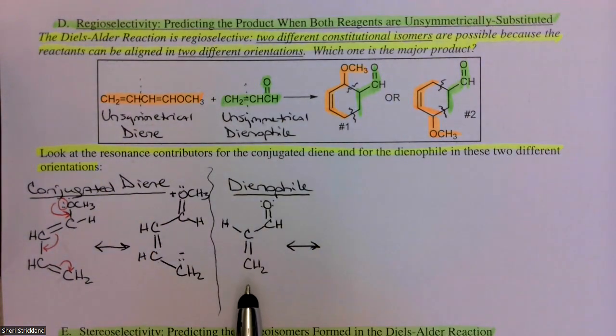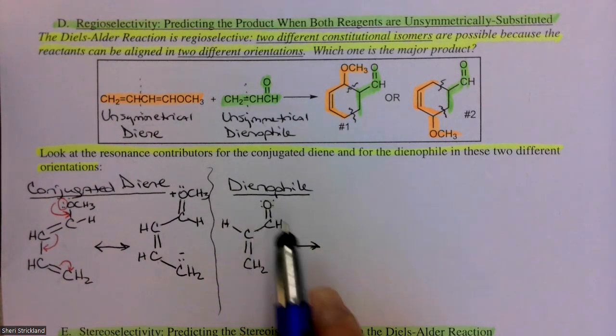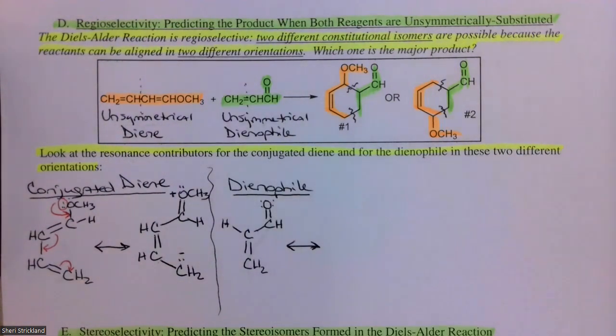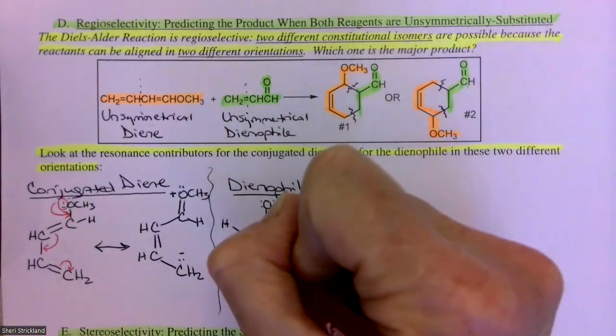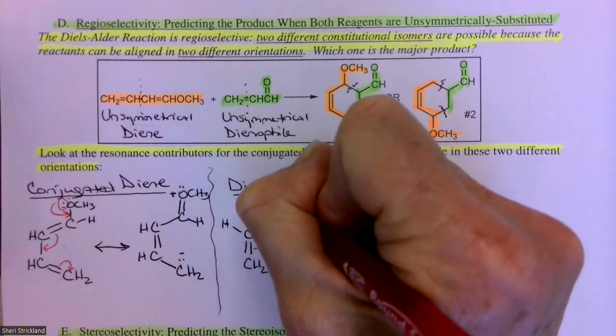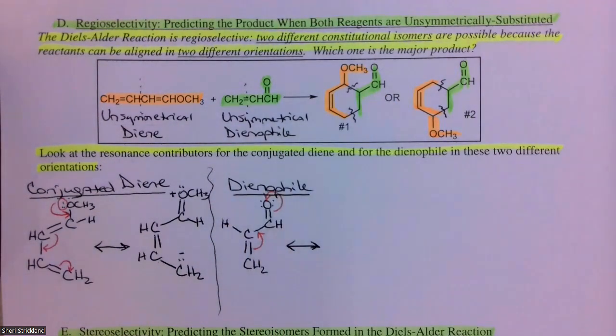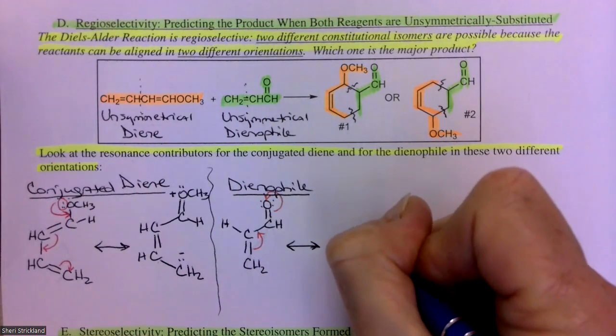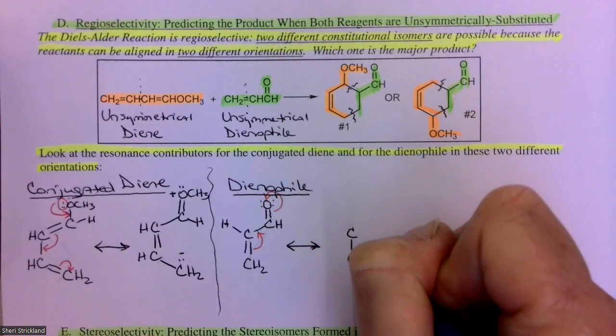All right, if we go over here to the dienophile, we've got 4 sp2 atoms in a row. We're going to go towards the one that has the higher electronegativity. So that means we're going up like this. And then the resonance contributor that we've made then looks like this.